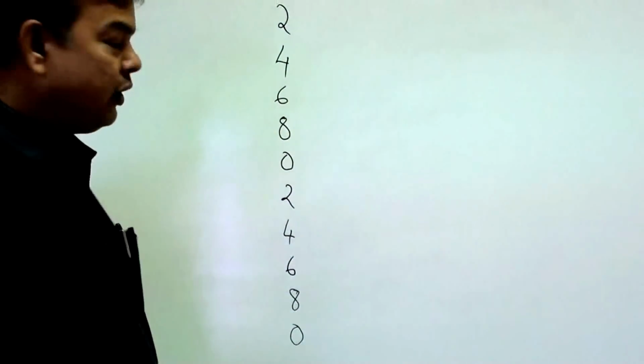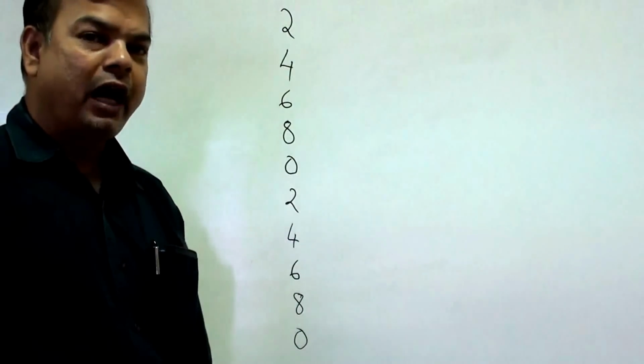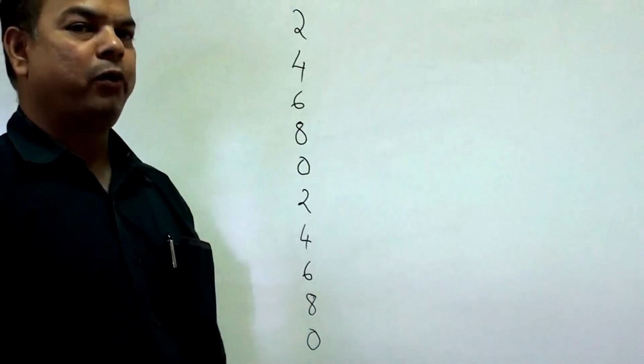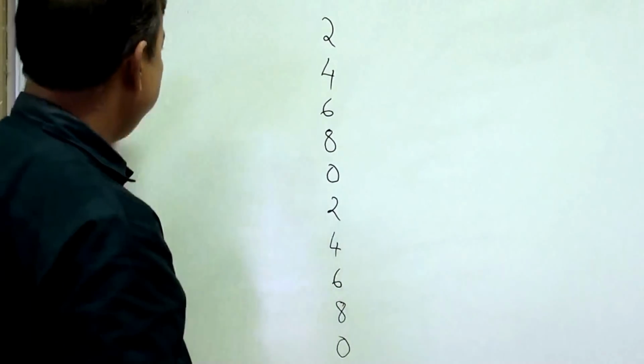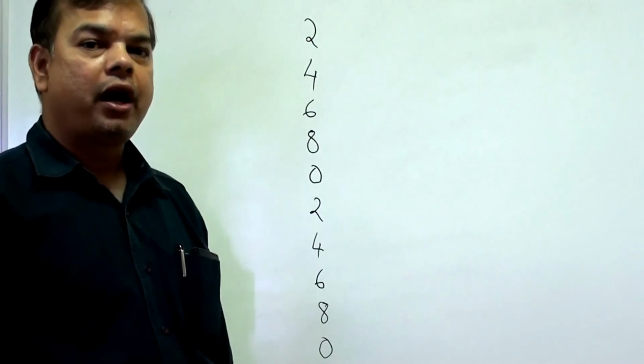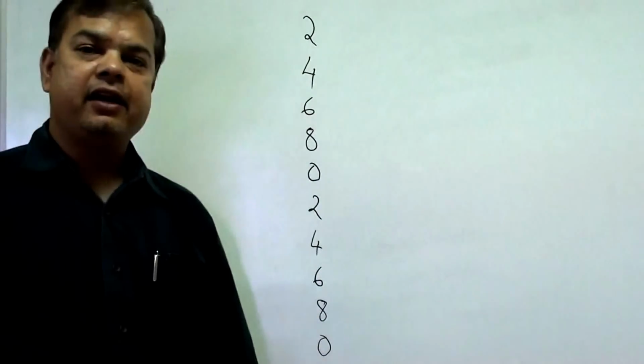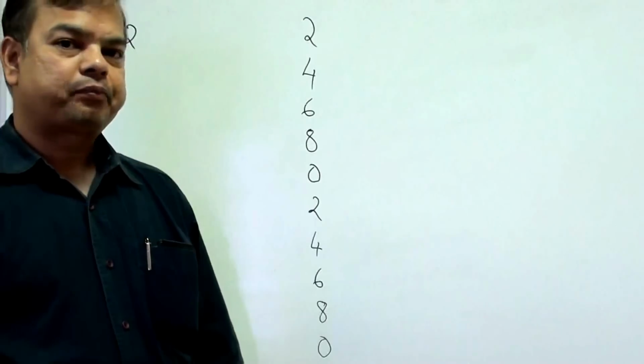So after writing only the unit numbers, now what we will do, we will apply a simple formula. Now here we are going to generate the table for number 12. Now in the tens place we see there is 1.